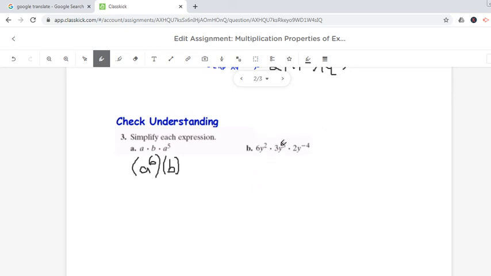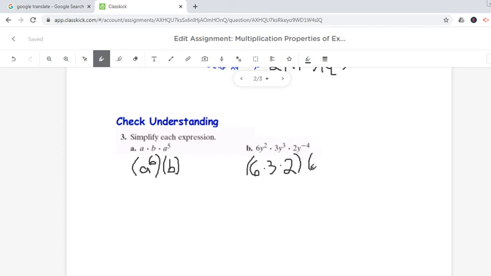6y squared times 3y to the third times 2y to the negative fourth. So we'll put our numbers together. So 6 times 3 times 2.